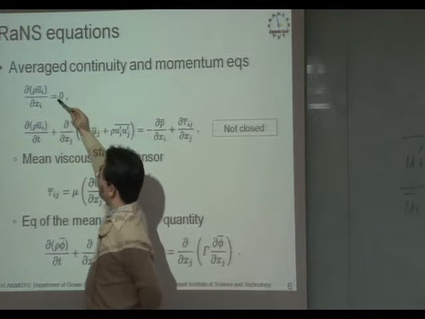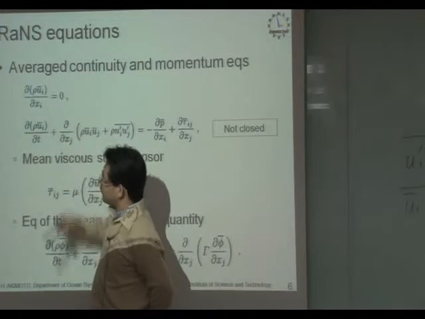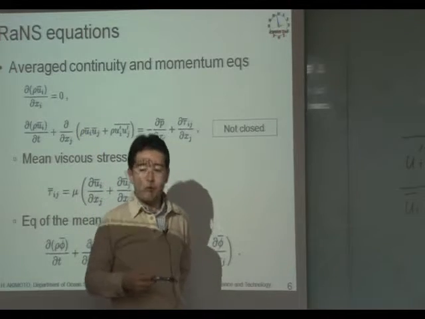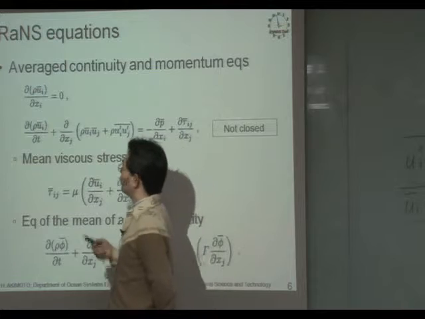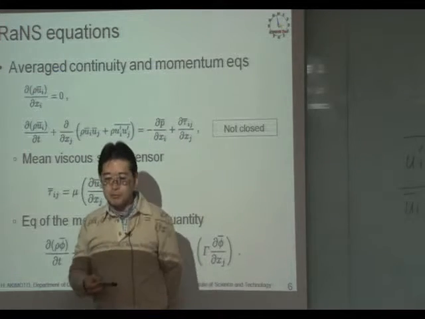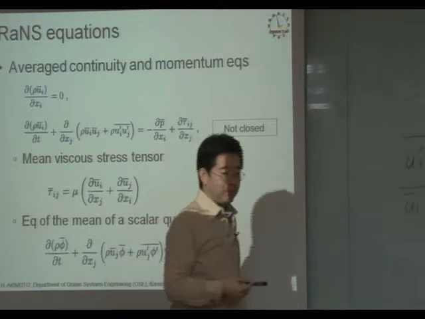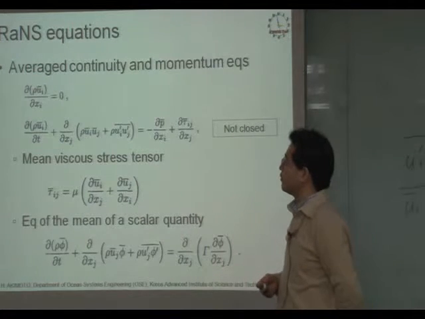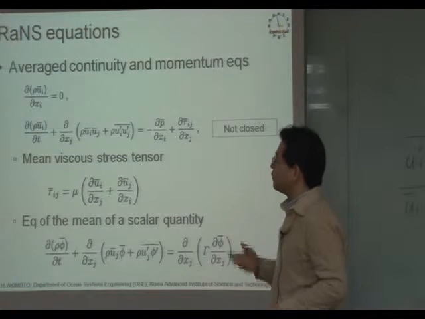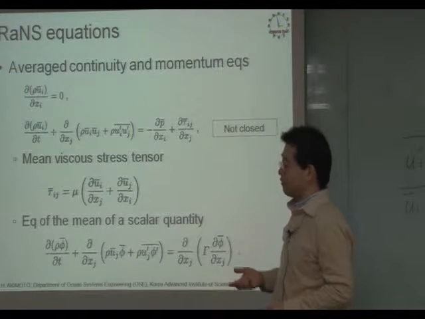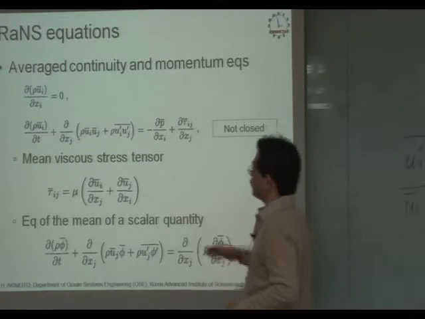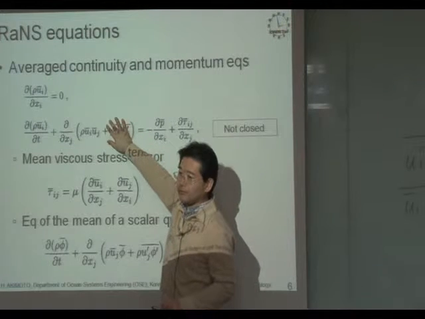So 1 plus 3, we have four equations, and the unknown variables are three components of U and one component of P. So the number of equations and unknown variables are the same if we do not have this part.